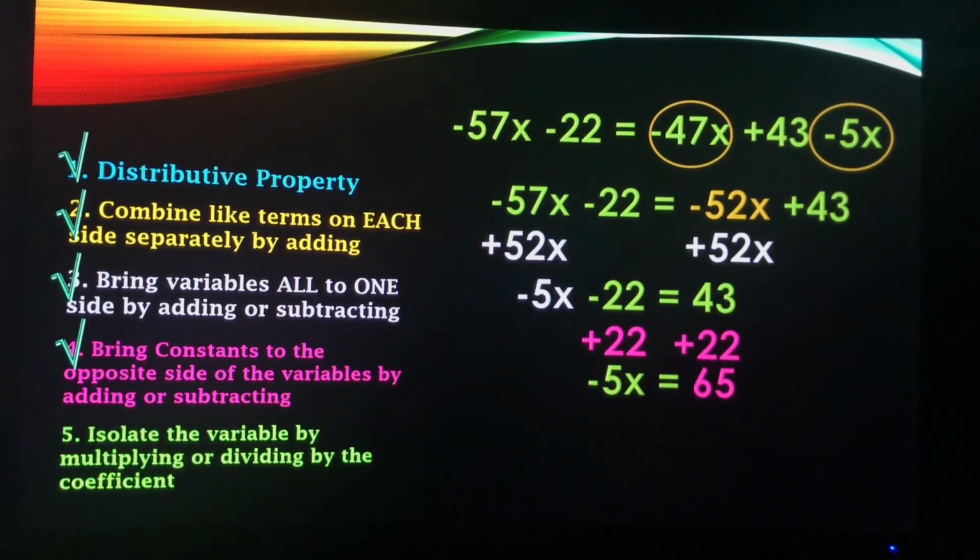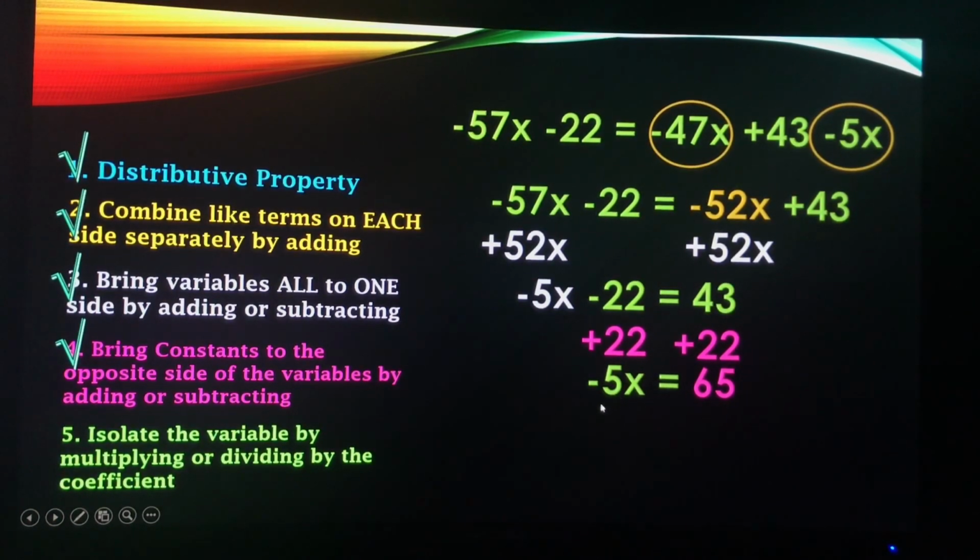My 5th step is to now get the variable by itself. If you've done step 1 through 4 in the correct order, you're going to multiply or divide. I'm going to divide now because my problem starts with multiplication.